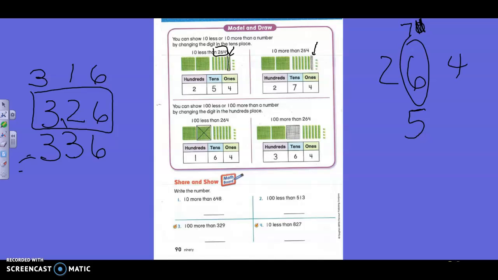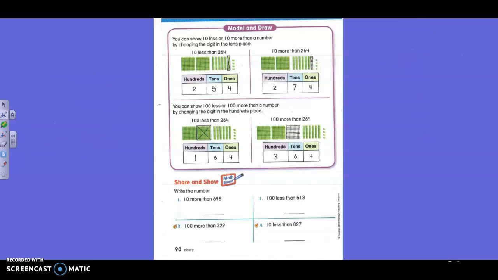You are adding 100 or taking away 100. So, this bottom part says you can show 100 less or 100 more by changing a digit in the hundreds place. And only in the hundreds place, not the 10s and not the ones. If they start out with 264 like they did up there, but they want 100 less, they crossed out a 100.